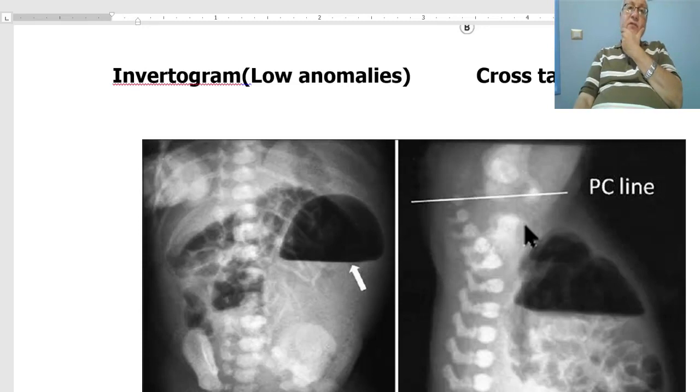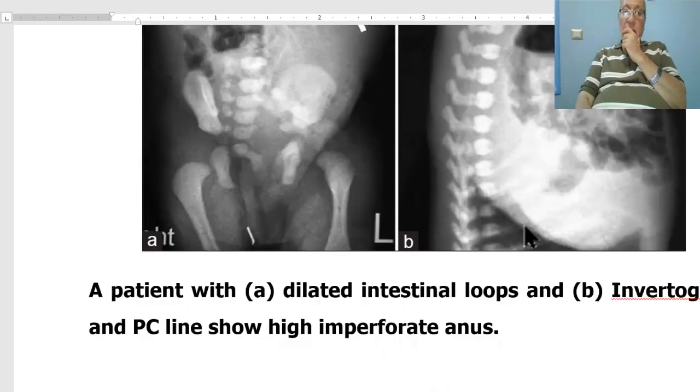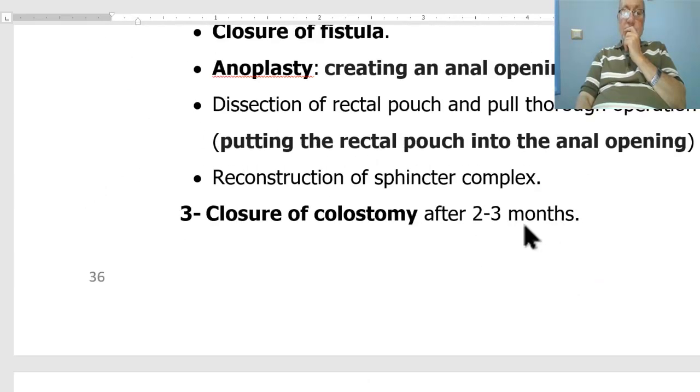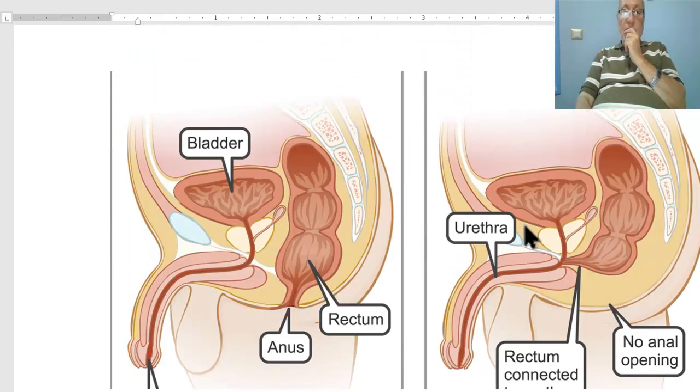What is the treatment of anorectal malformation? First of all, resuscitation, then surgery. What is the aim of surgery? First of all, relieve intestinal obstruction if present.